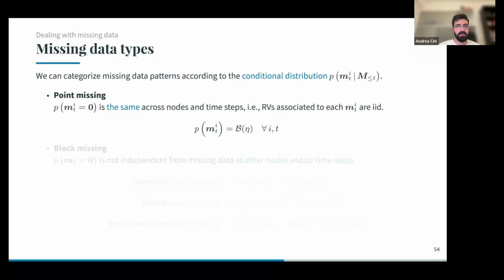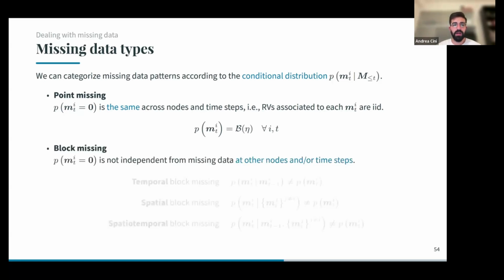Here we are saying that the probability of a point being missing is the same across all nodes and time steps, and is basically associated with a Bernoulli with the same constant for each node and timestamp. And this is something that usually models, let's say, the communication error that we might have in a remote sensor application.